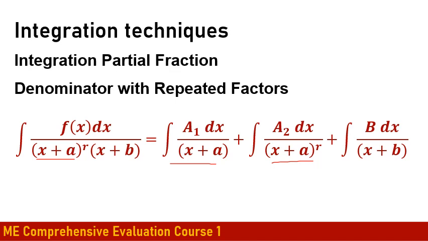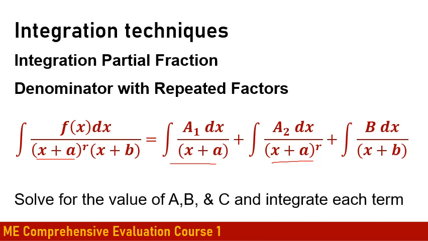So if it is to the power of 3, then we will have a1, a2 and a3, plus b over x plus b. So we will solve for a, b, and c and integrate each of the terms separately.